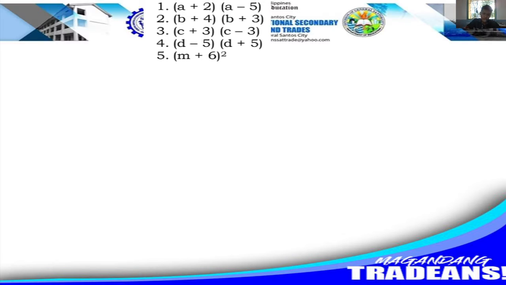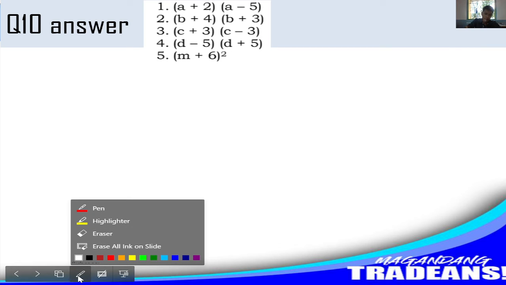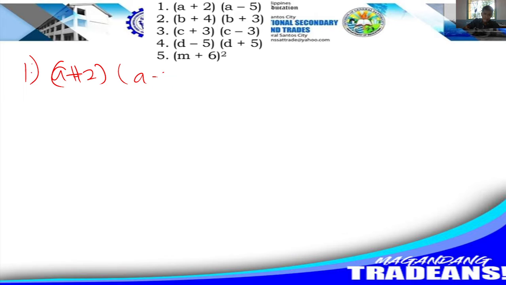So first, for number 1, we have the given a plus 2, then a minus 5.